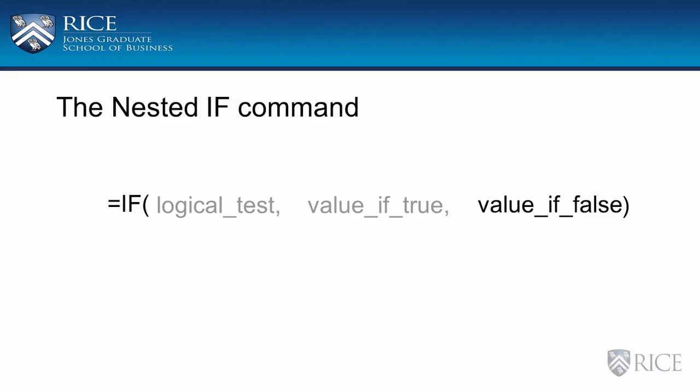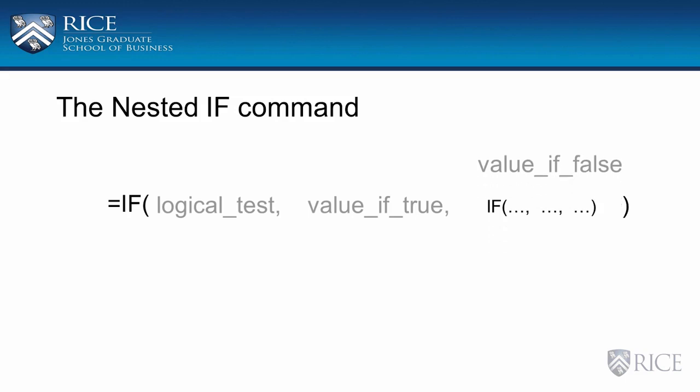However, what makes it a nested if command is that now instead of putting in a value if the logical test is false, or for that matter if it is true, we would replace it with yet another if command. So in this case, for example, we'll replace the value if false with an if command.